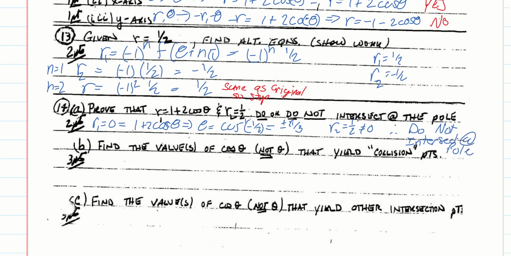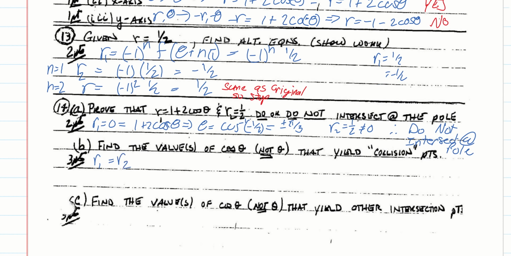It says find the values of cosine theta that yield collision. Collision is different than intersection. A collision is when they hit at the exact same theta, so r2 has to equal r1 at the exact same theta. You have to do it with the original equations.